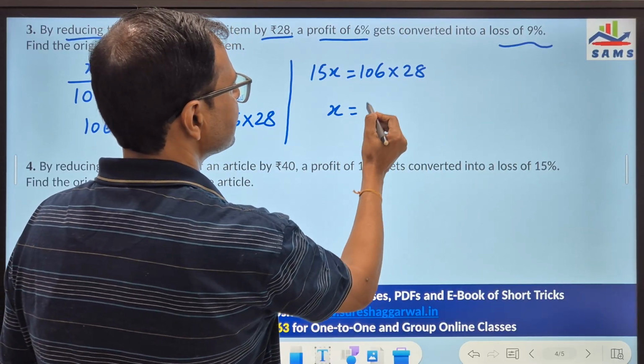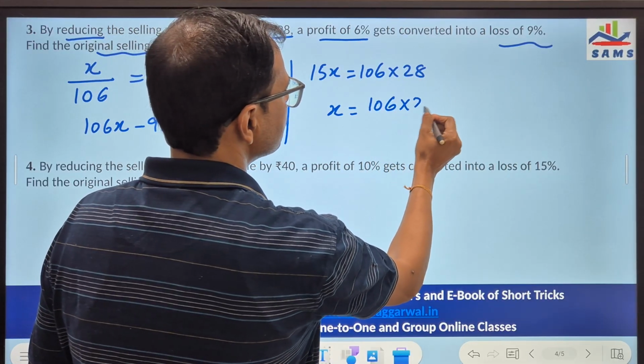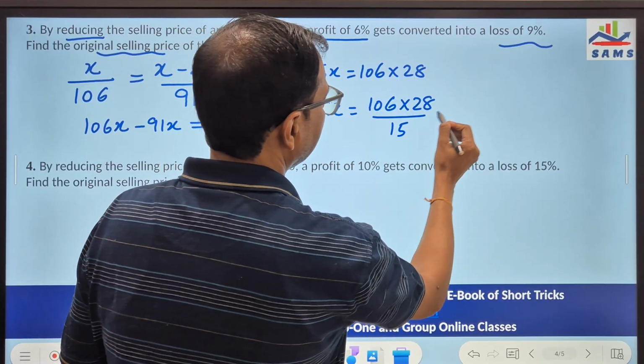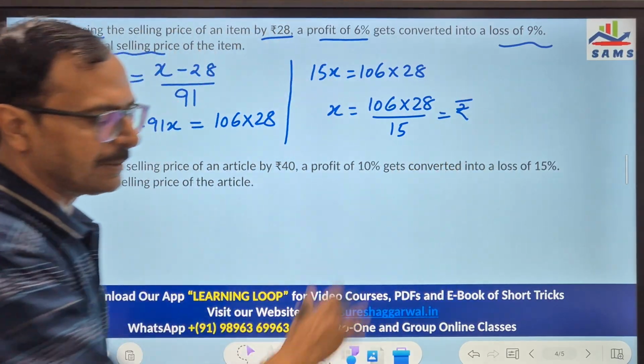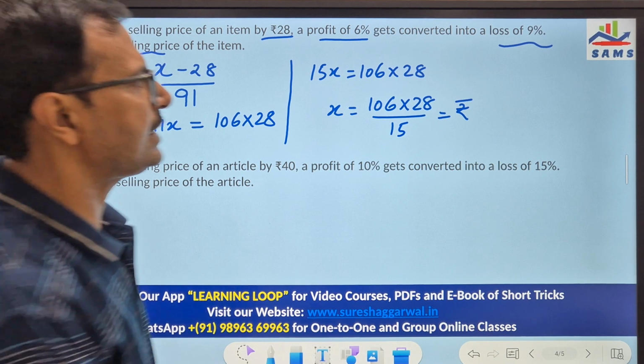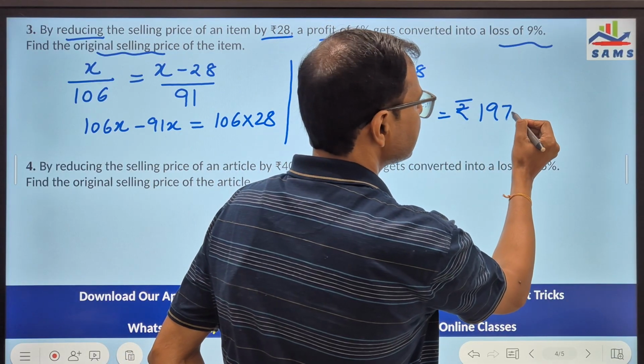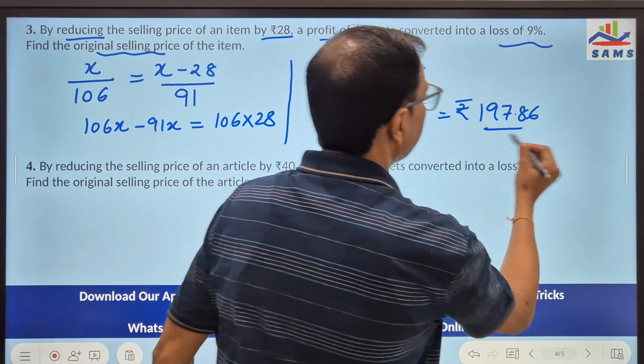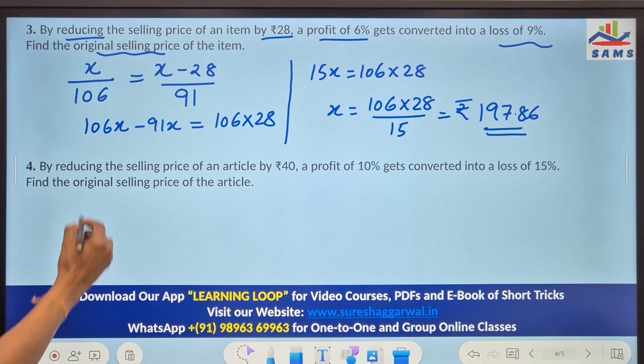So the value of x will be 106 times 28 upon 15, and this is the original selling price of the item, and I have done it for you already. This is 197.86. One more question, then we will conclude this.